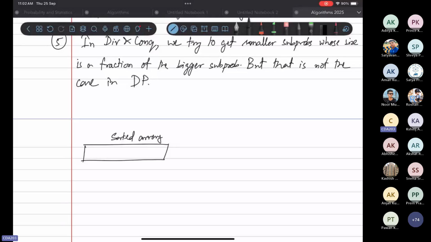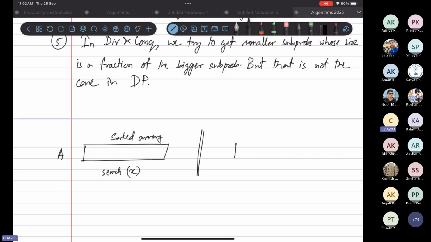I have a sorted array. I want to search for this element X, whether this X is there in the sorted array or not. This is one problem.